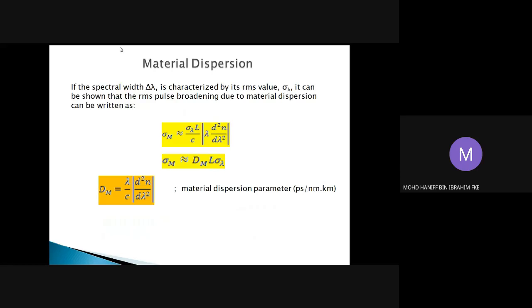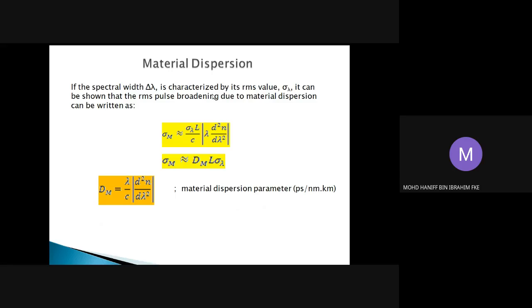Like what we have learned in lecture 6 part 1 before, for intermodal dispersion there are two conditions. The first one is when we assume that there is no overlapping in the pulse, and the other is based on overlapping pulses, where we consider a statistical method, a Gaussian method, or RMS value.